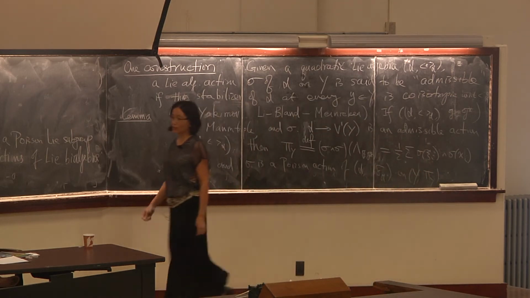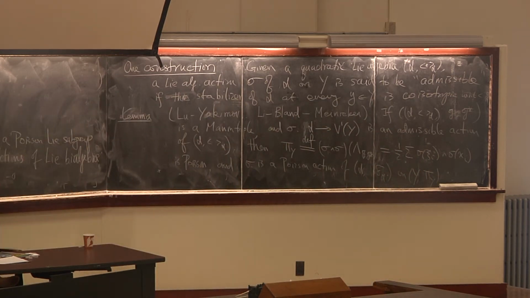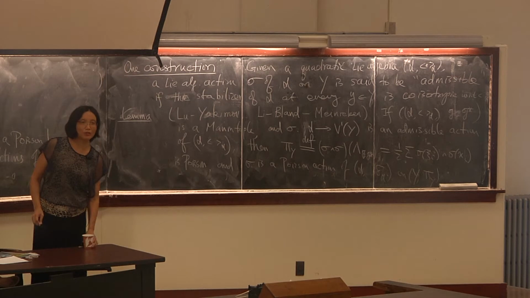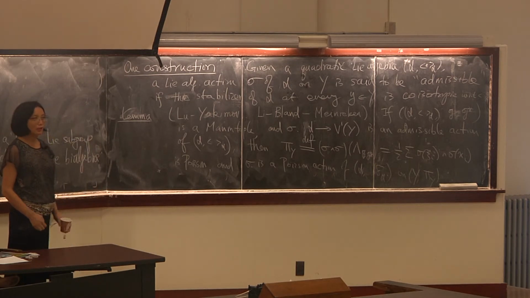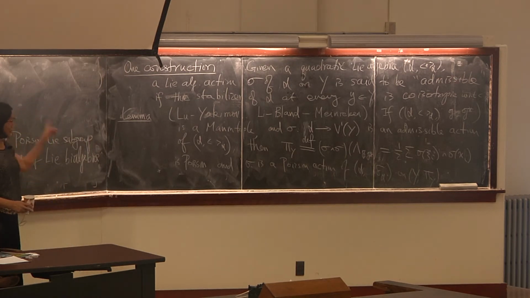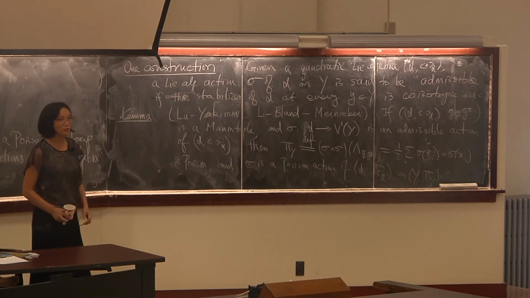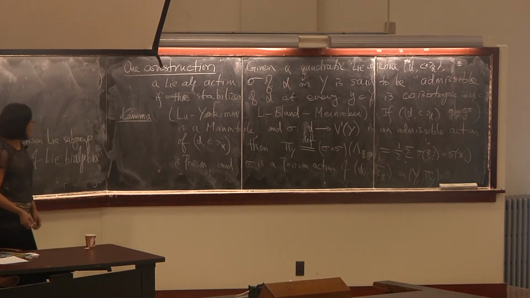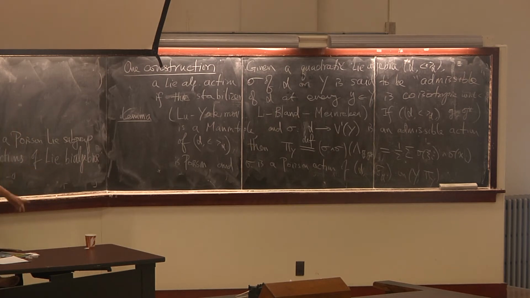So this is one construction, and it is very simple and straightforward. My point is that all the Poisson structures I know are of this type, and those Poisson structures I know that are related to Poisson Lie groups are all of this type. Now I want to get a little bit philosophical about this.